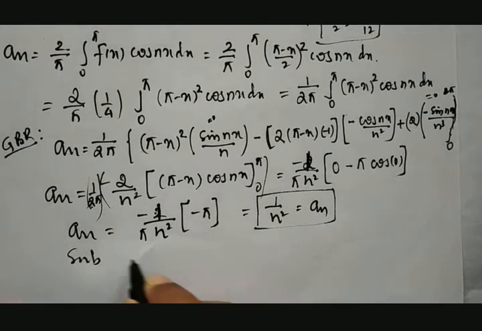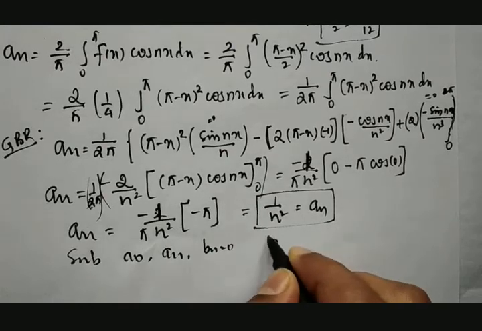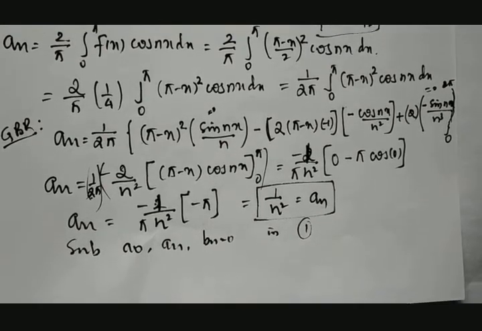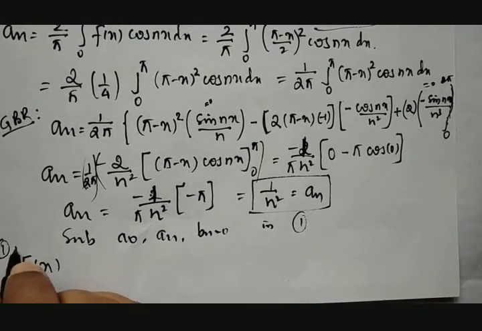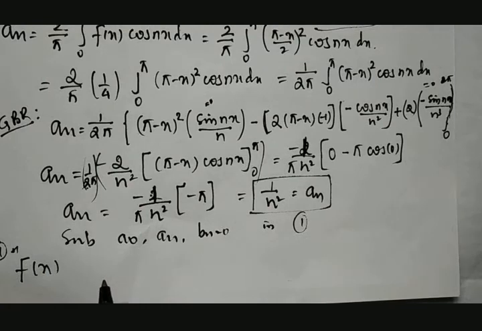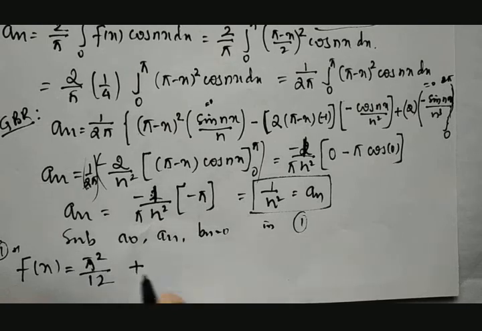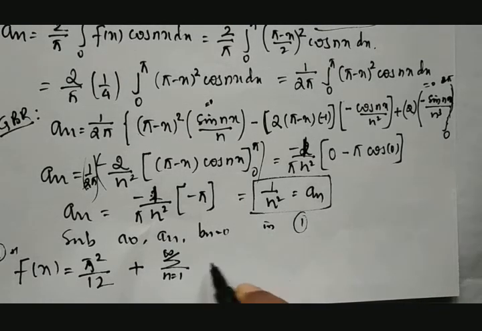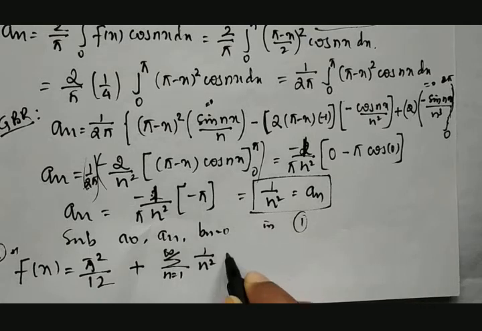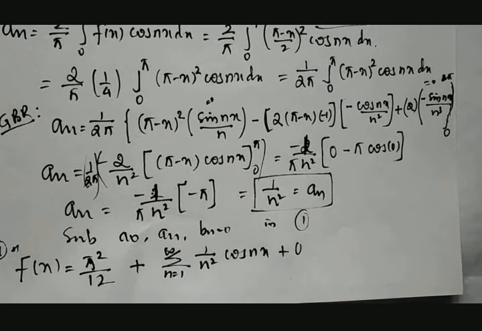So substitute the value of a0, an and bn, which is 0, in equation number 1. Therefore, equation number 1 becomes f of x is equal to a0 by 2. a0 by 2 is pi square by 12 plus summation from n equal to 1 to infinity into an. an is 1 divided by n square, that into cos nx, plus bn is 0.